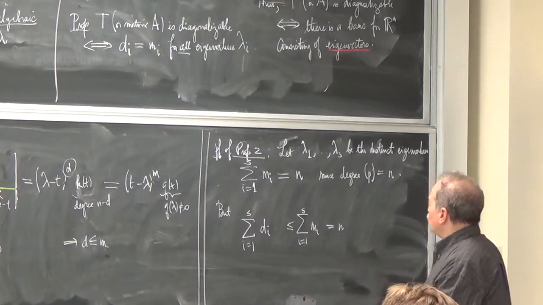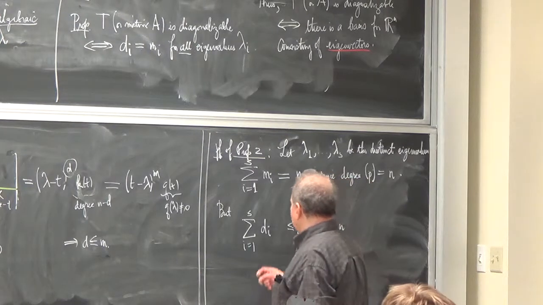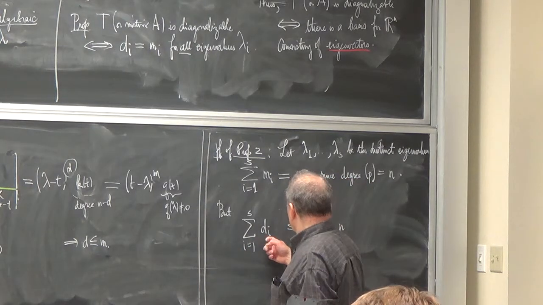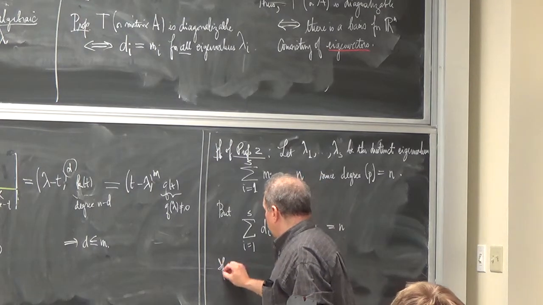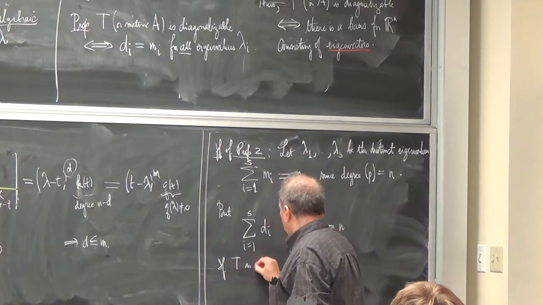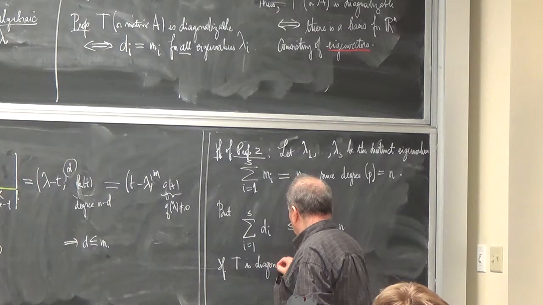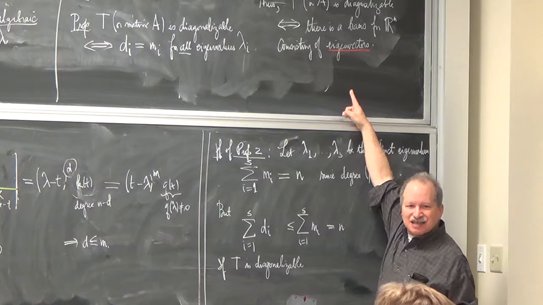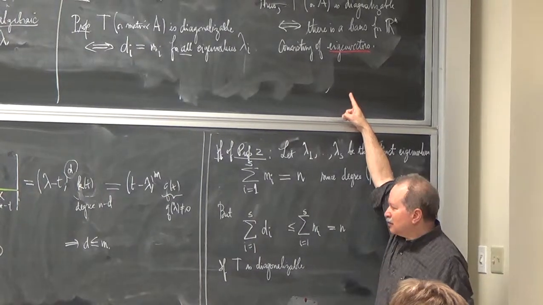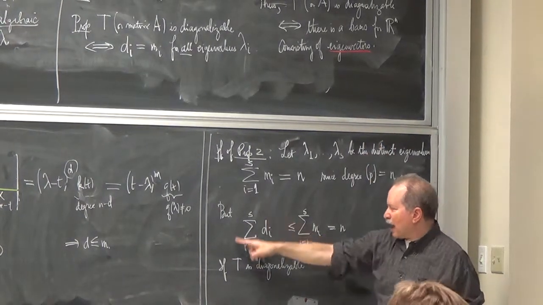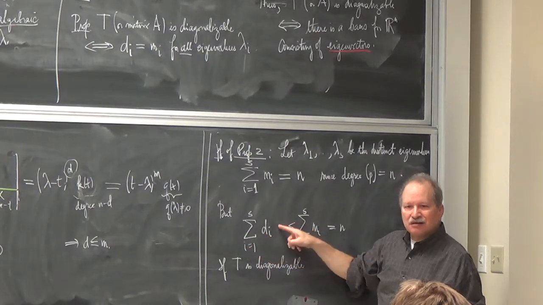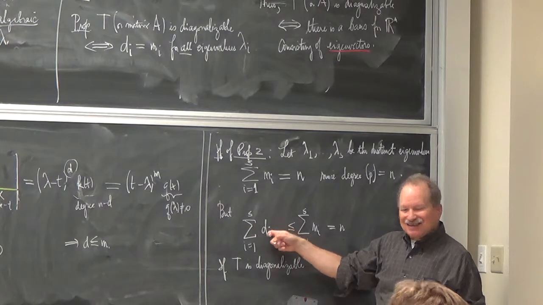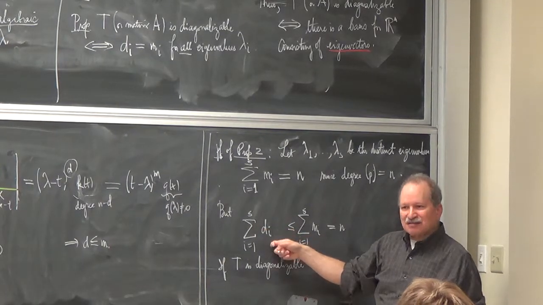Alright, well, if T is diagonalizable, what did we just say? We said that means there's a basis consisting of eigenvectors. So this number has to be what? It has to be n, because you can make a basis by picking d i vectors from each eigenspace.